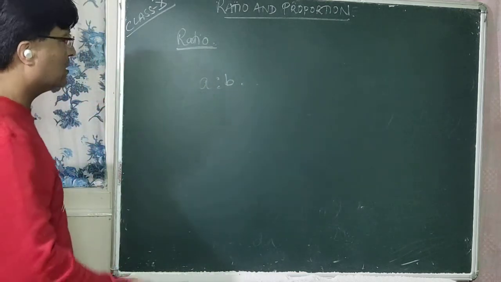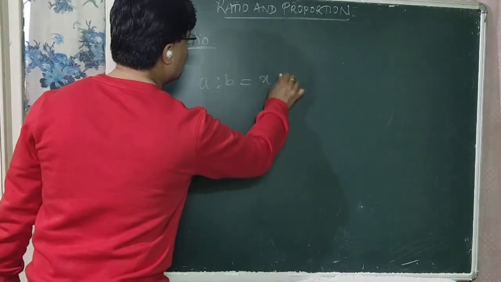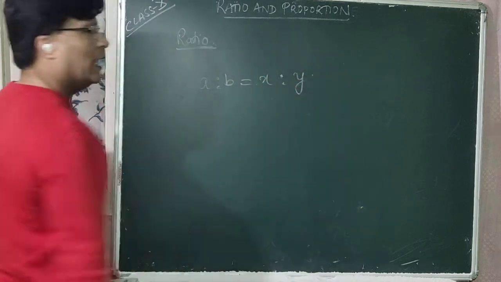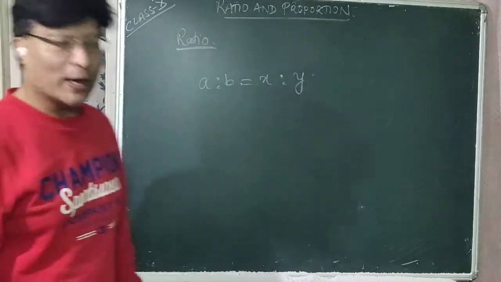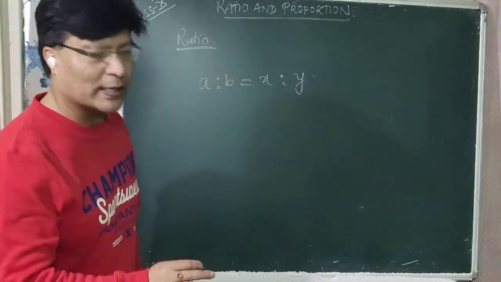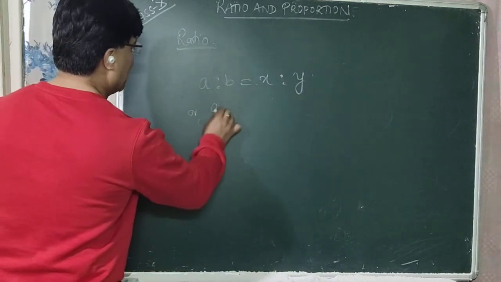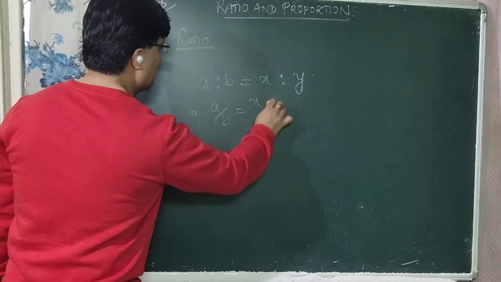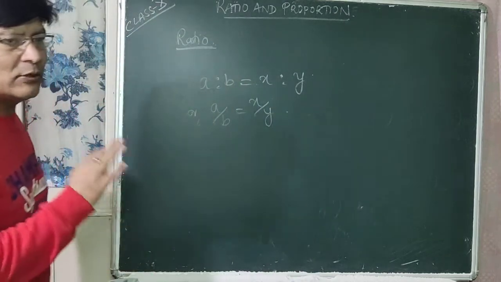Suppose you write A is to B is equal to X is to Y. That is, A by B is equal to X upon Y. Then what can we say?